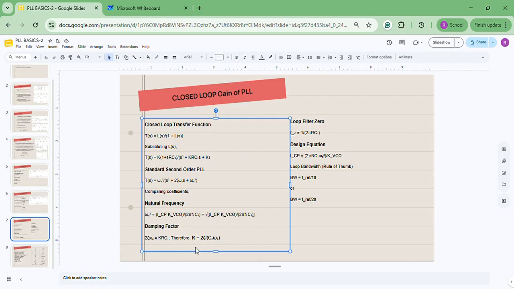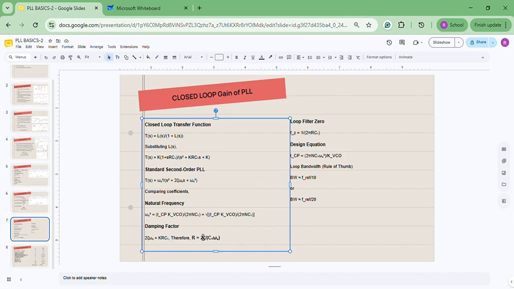From all these equations, we'll generate the parameters for the loop filter. We want this to finally put the values for the resistor and capacitors of our loop filter.